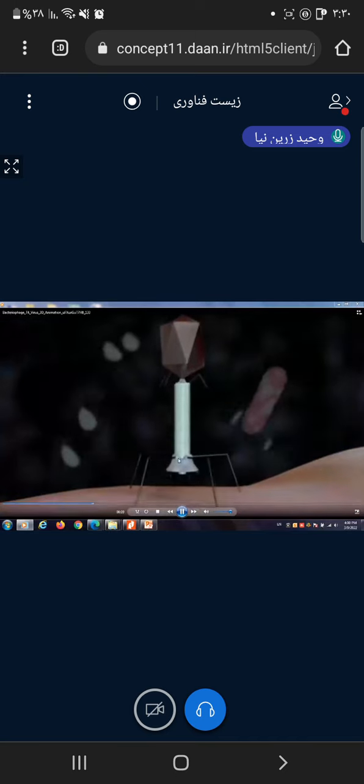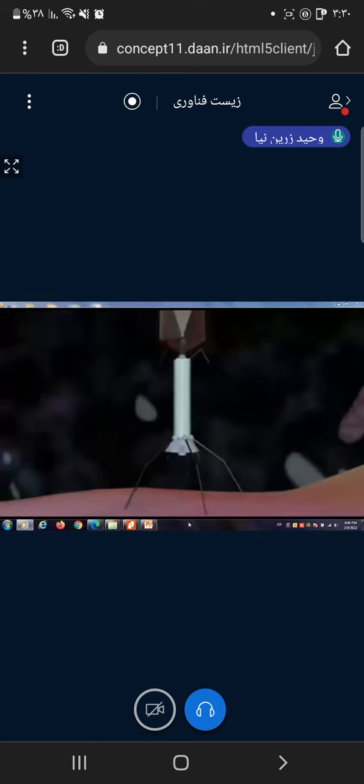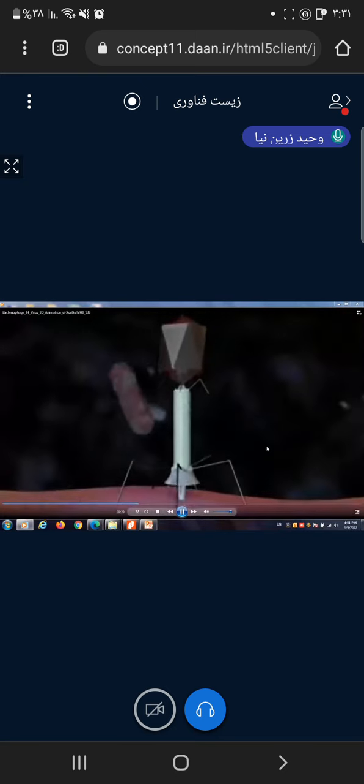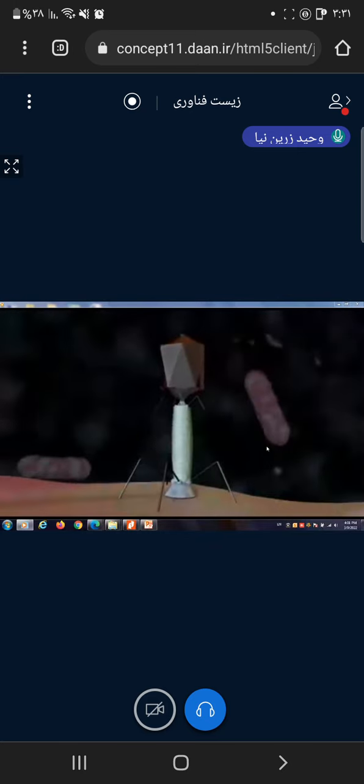This unravels the short tail fibers. The base plate changes. As you see, the phage injects its DNA into the bacterial host. Changes confirm and the tail sheath contracts, causing GB5 at the end of the tail tube to puncture the outer membrane of the cell.